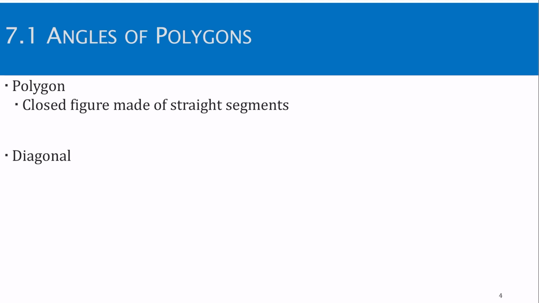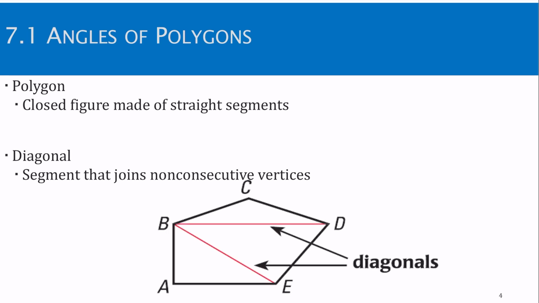A diagonal of a polygon is a segment that joins non-consecutive vertices. So here's a polygon, and notice it has these straight segments. The diagonals connect non-consecutive vertices. Non-consecutive means not next to each other.